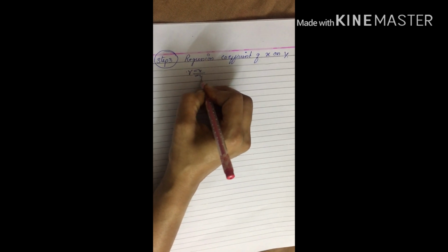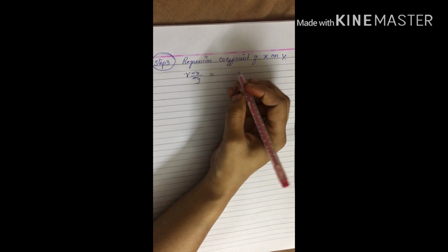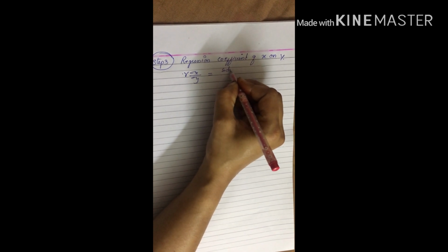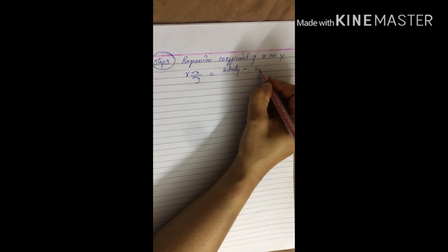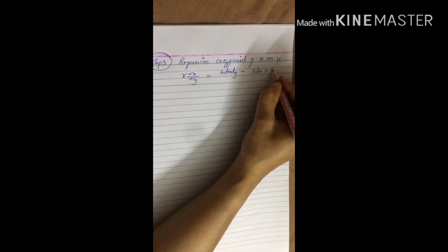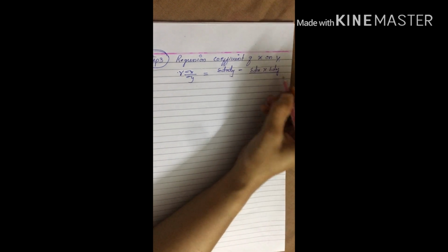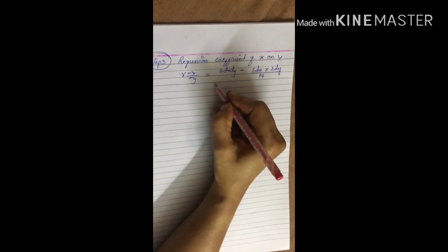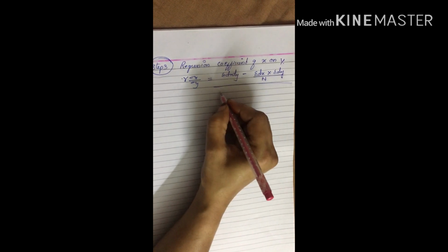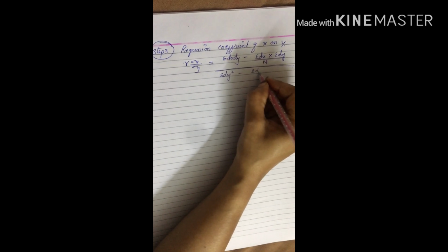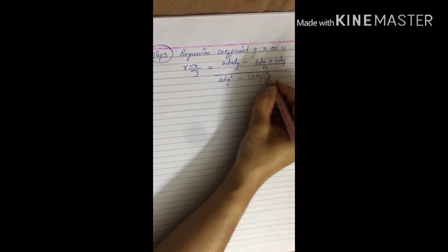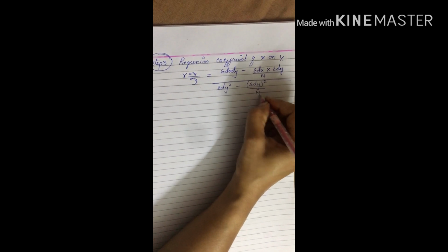For this we need to calculate sigma dx dy minus sigma dx into sigma dy by n, by sigma dy whole square minus sigma dy whole square by n.